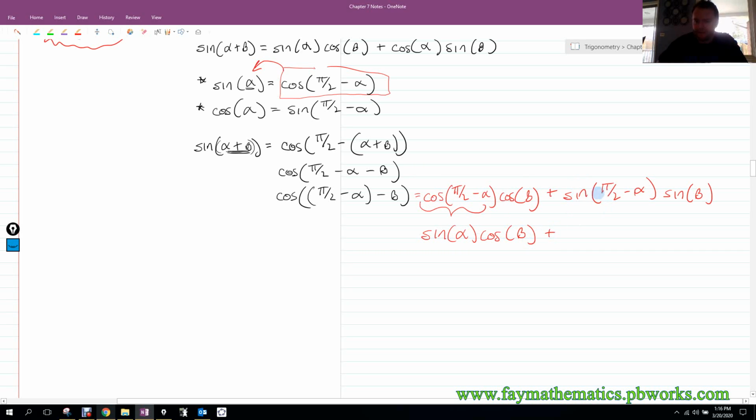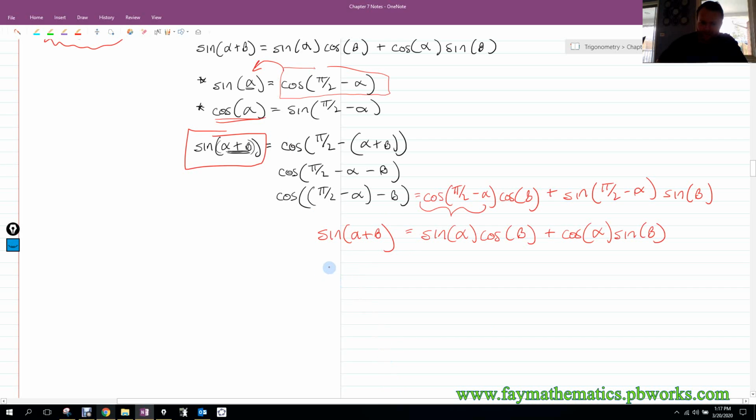Now sine of pi over 2 minus alpha is the cosine of alpha. So I'll make that substitution, cosine alpha, and then I've got sine beta. And right there we get what we started with: sine of alpha plus beta is now equal to that.